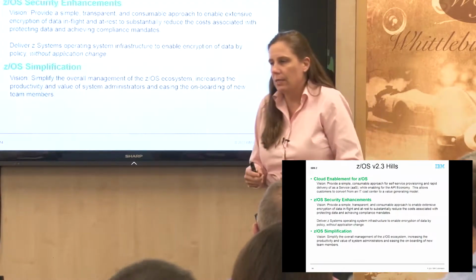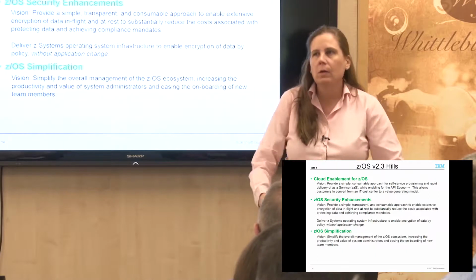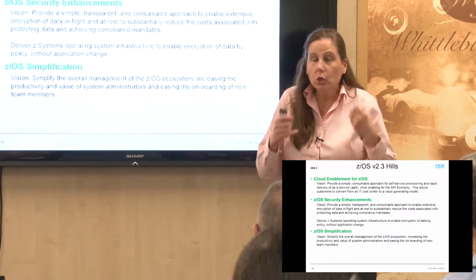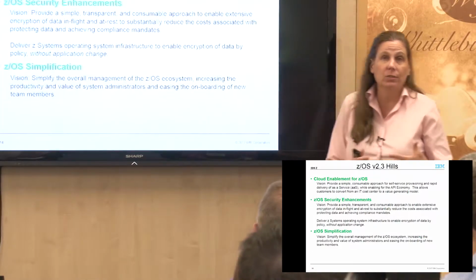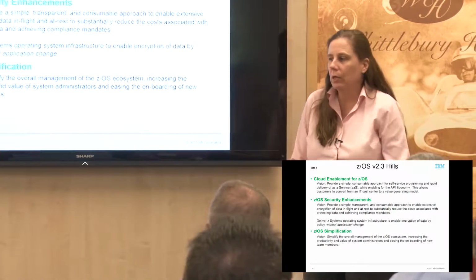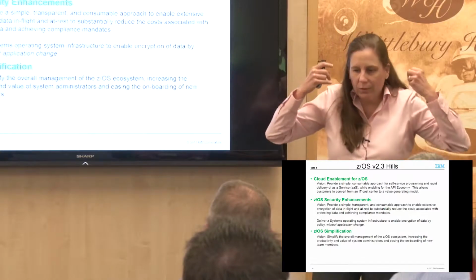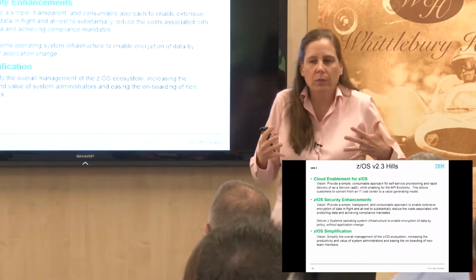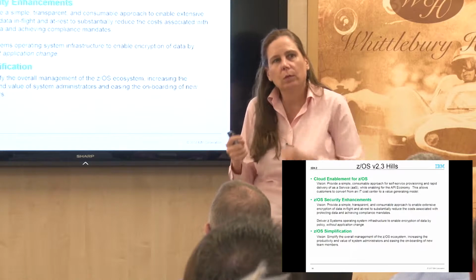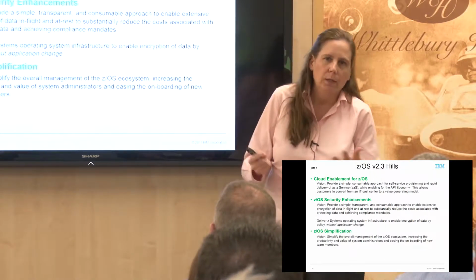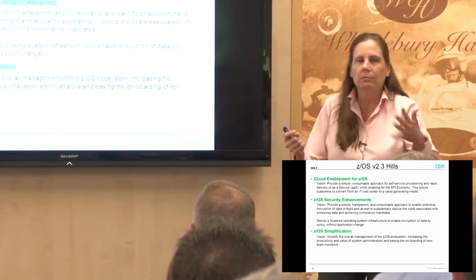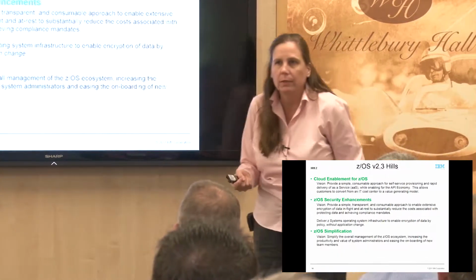And a hill is a major theme or a goal of the release. And these are the big things that we wanted the release associated with. So when we talk about hills, we talk about what's the theme of this release, or what's the objective for this release. What are we really going out after for this z/OS release? And we call those hills.